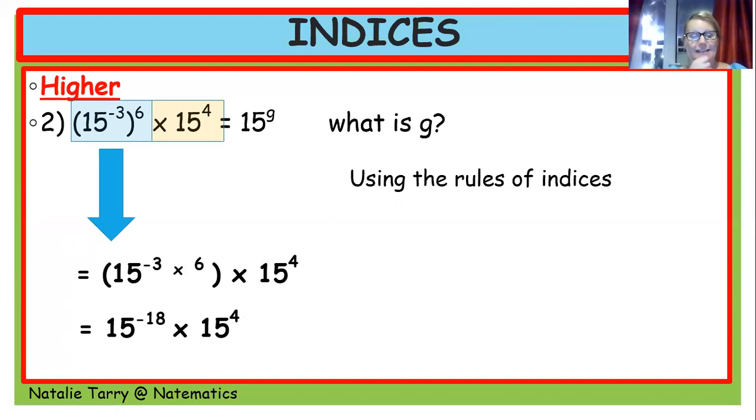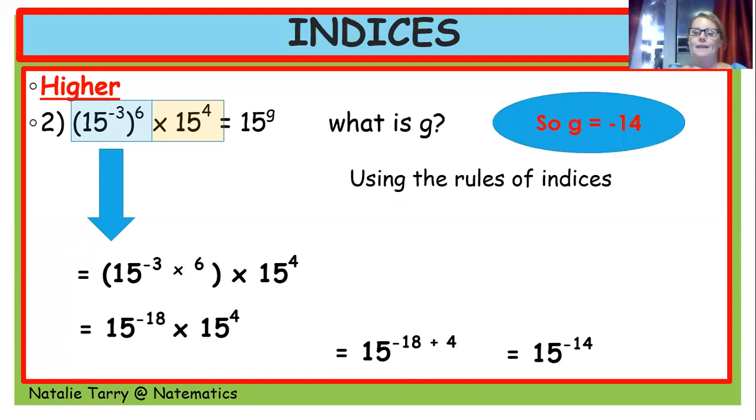Using index rules again, if we're multiplying, we add those powers. So again, just be doubly careful with your negatives and your positives. So minus 18 plus 4 gives us 15 to the power of minus 14. As I covered in the last one, that would be 1 over 15 to the power of 14.